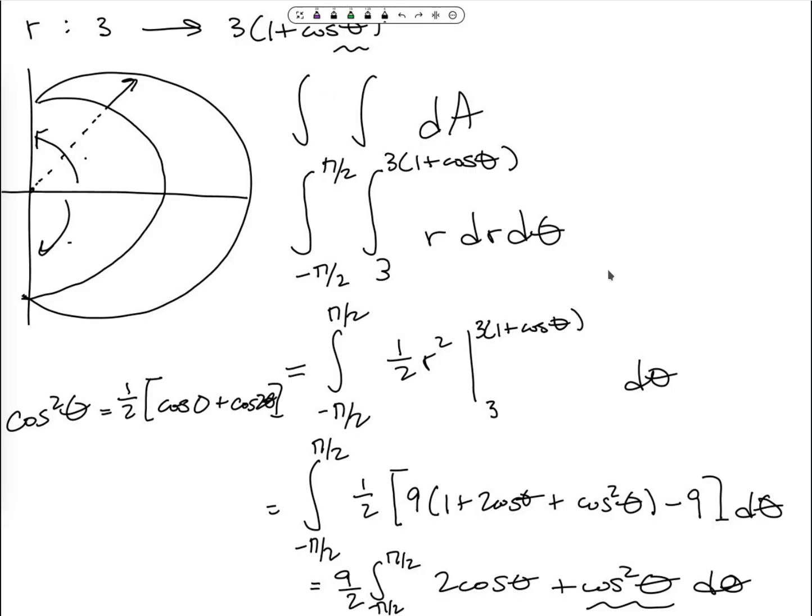So for us, cosine 0 is 1, so it's just going to be cosine 2 theta. And then you could go ahead and integrate that, no problem.